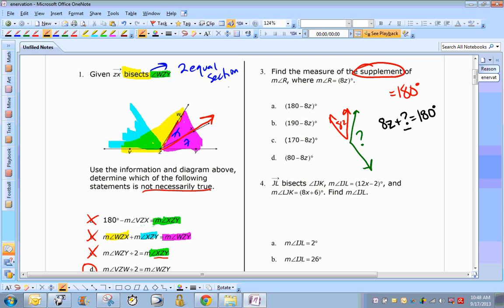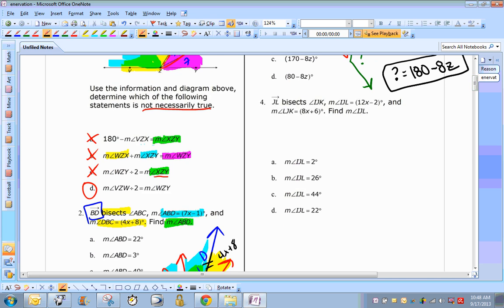To solve for this question mark, that unknown angle, all we have to do is subtract 8Z from both sides. You'd be left with 180 minus 8Z. This one's not going to give you an actual answer because it's a conceptual problem. We're just seeing if you know how to set up a problem, not necessarily if you can get the right answer. So it would be A.